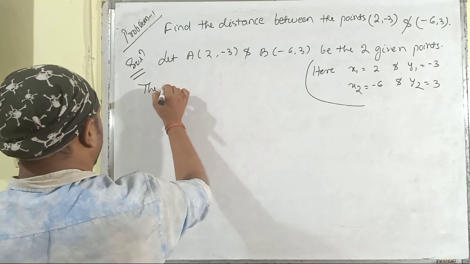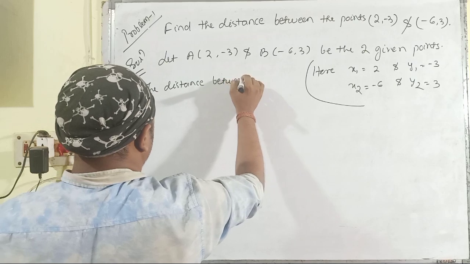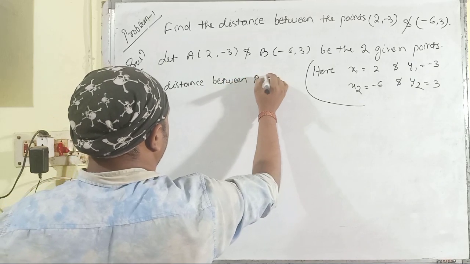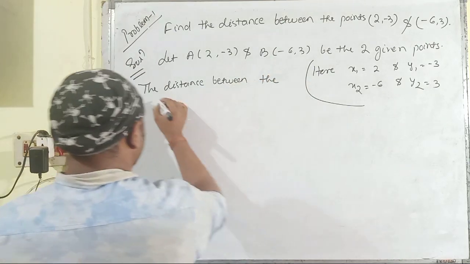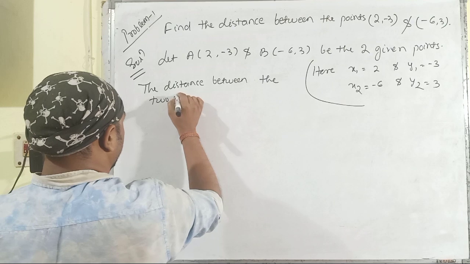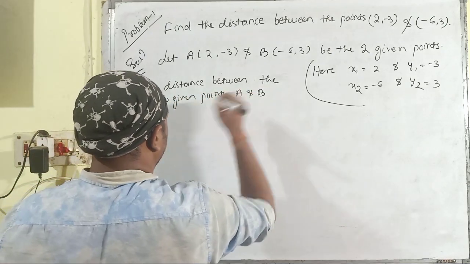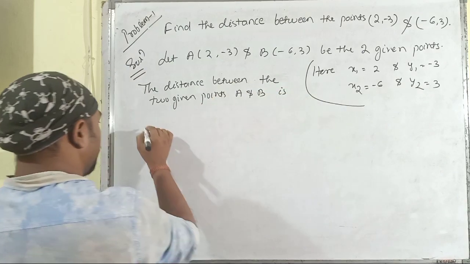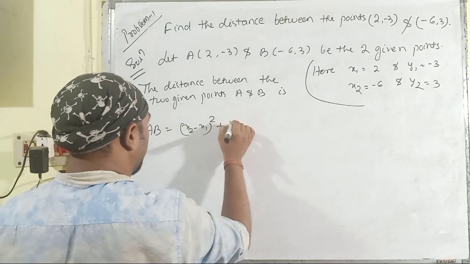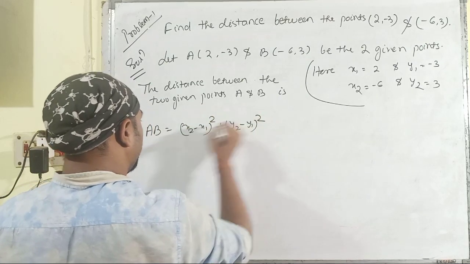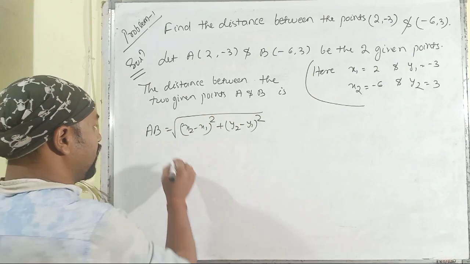The distance between the two given points A and B is AB is equal to, first of all let us put the formula here which is used to evaluate the distance between the two given points.